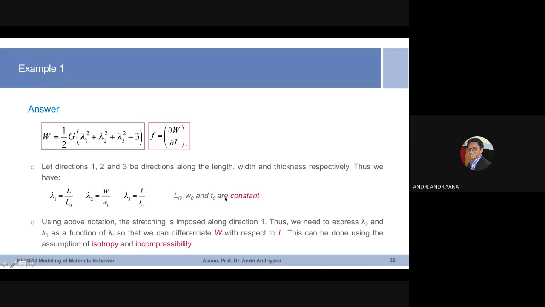Is that clear? Yeah? So how to link lambda 2 to lambda 1 and lambda 3 to lambda 1? It is using the assumptions of isotropy and incompressibility. Why do we need to do this?